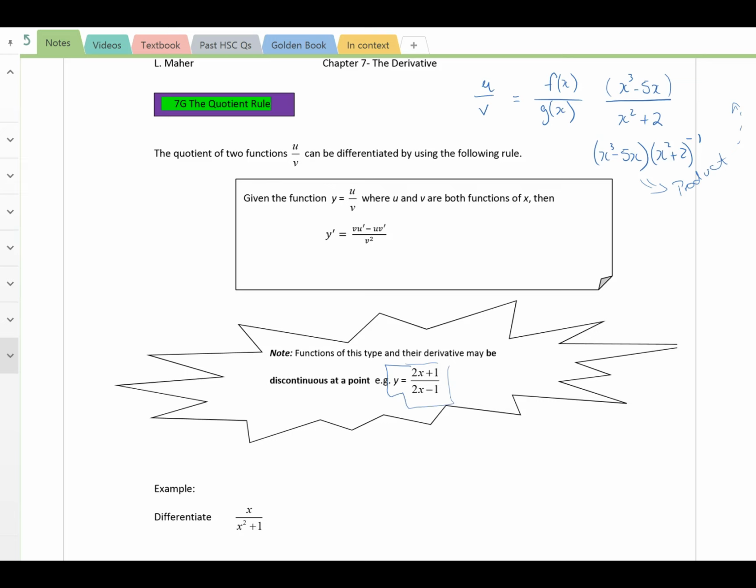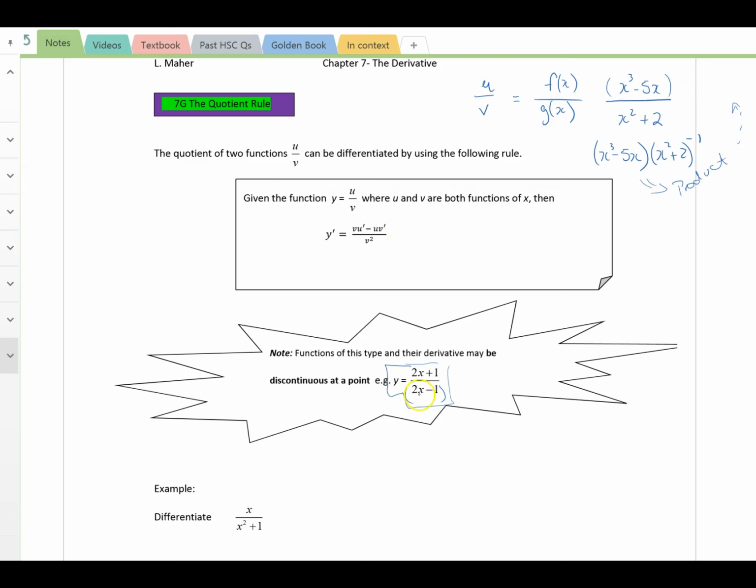Now, after you've found your expression for your gradient, your derivative, just always check that it is possible that your derivative may have a point of discontinuity. It definitely will have a denominator, and the denominator of the derivative was the denominator of the function squared. You can see that. So this is your derivative, it's your v squared.